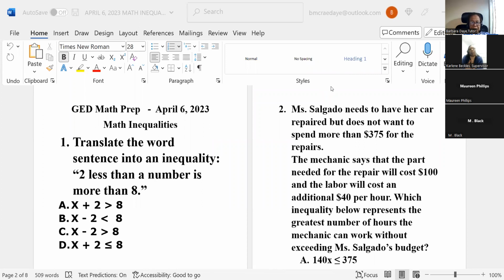Okay, so today we're doing two things. We're going through some inequality problems, and then the last half of the class, I have about 5 questions for you to do, for you to send me answers through the chat.